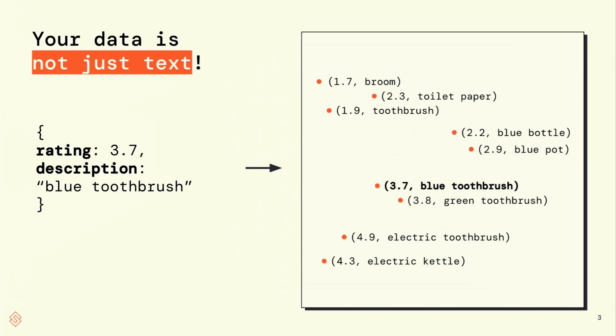And so now when you have a query like popular toothbrushes, the word popular refers somehow to the numeric aspect of the data. The word toothbrushes refers to the textual aspect of the data. And this query can now be resolved with vector search. It integrates together. This is why one of the ways we call it is metadata-aware vector search. It integrates together all these different concerns so that your user can find the thing they're looking for.